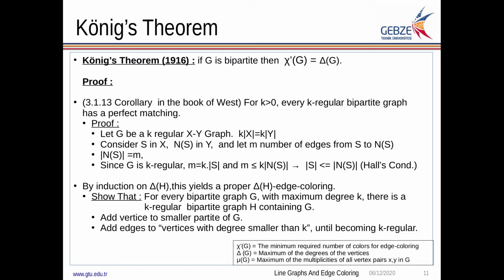So, what we will do? Prove that for k bigger than 0, every k-regular bipartite graph has a perfect matching. The proof of this is: let G be a k-regular X,Y graph.